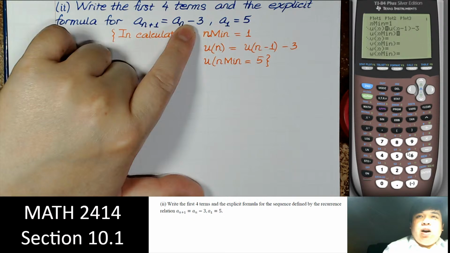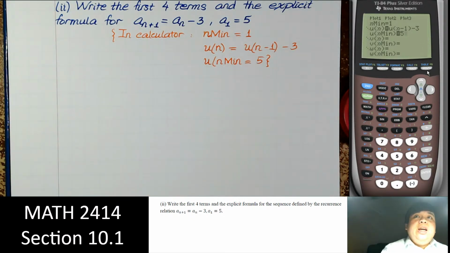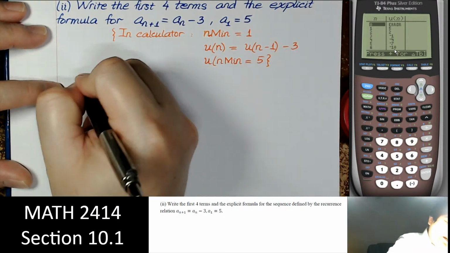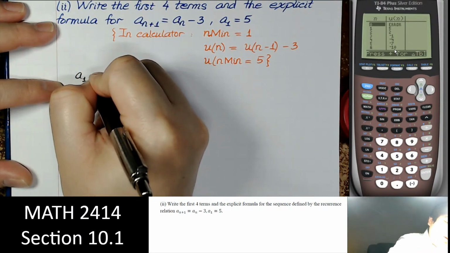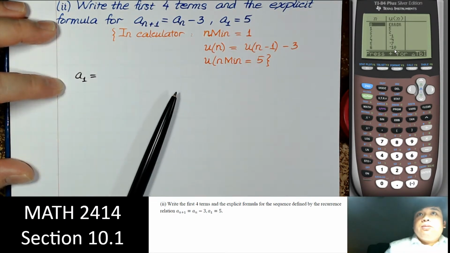And the first term is 5. Either we hit graph to get the sequence, which is a straight line now, or second table, to write out the first 4 terms. And then we say the first term is equal to 5.